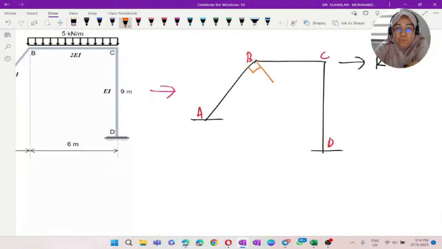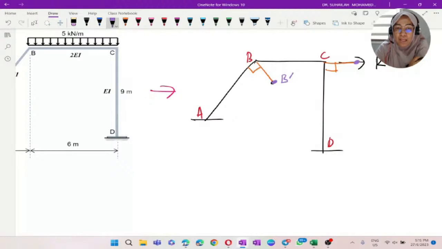And C will move to the new C position, also 90 degrees. The new position of B is here. This is B prime, the new position of B after Sidesway. And the new position of C after Sidesway is this position, 90 degrees towards the column.